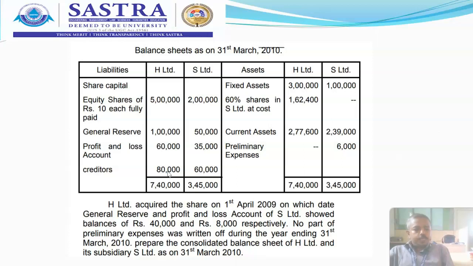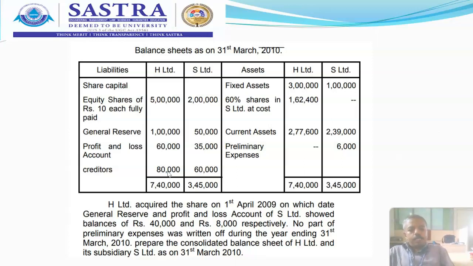So we opened the profit and loss account. On the credit side we have kept the opening balance of the profit and loss account, that is, at the time of acquisition it was 8,000. On the other side we have two items. One is the closing balance of profit and loss account, 35,000, which is taken from the balance sheet, and the transfer to general reserve is 10,000, which is arrived at by subtracting the opening balance of general reserve from the closing balance.